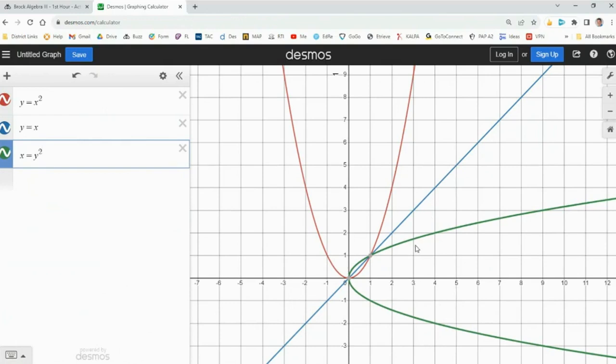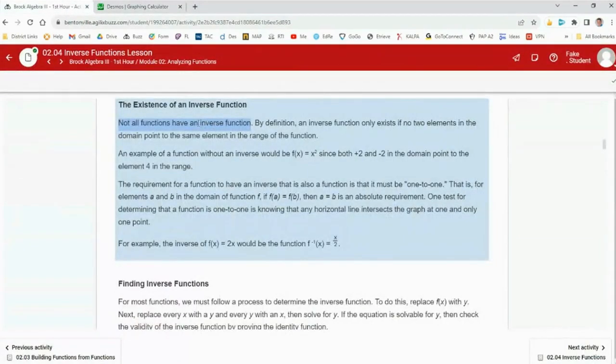When x is 3, the y is 1.7 something there. Anyway, when x is 1, is the y 1 or negative 1? Because it exists in both places. It's not a function. The green one here is not a function. Yes, it reflects over the y equals x, but it's not a function. So it's not an inverse, because the inverse is an inverse function. So not all functions have an inverse function.